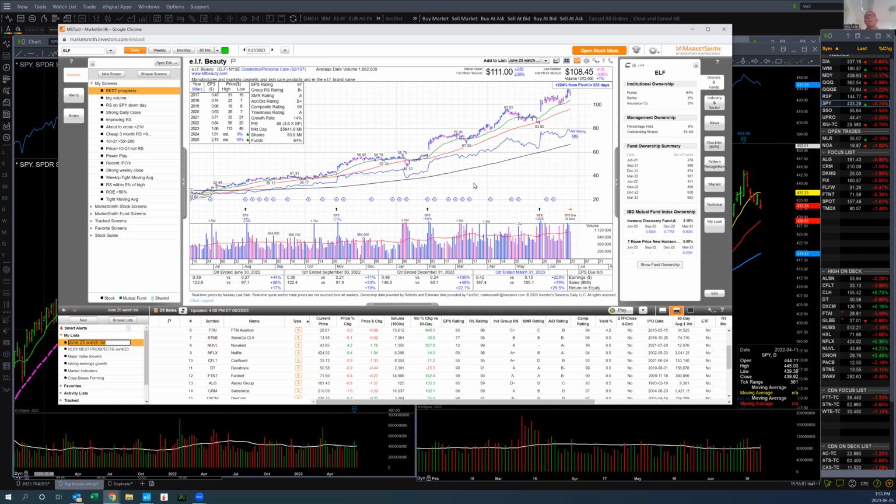Just a slight diversion. If you have an advisor and they're not using this sort of tool to assess fundamentals, the charts, and what institutions are owning the stock, I would question where they're getting their ideas from.